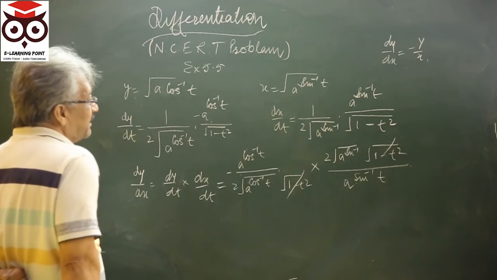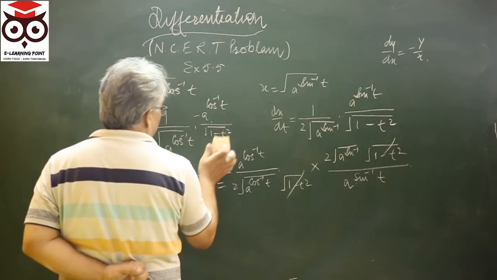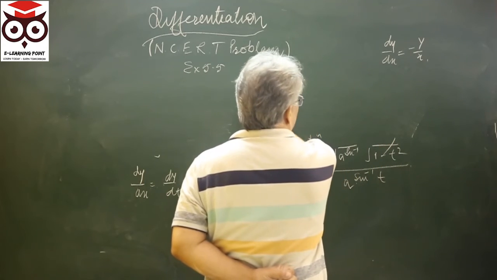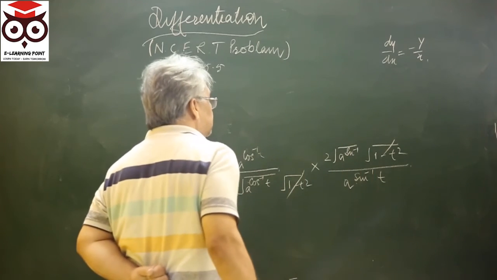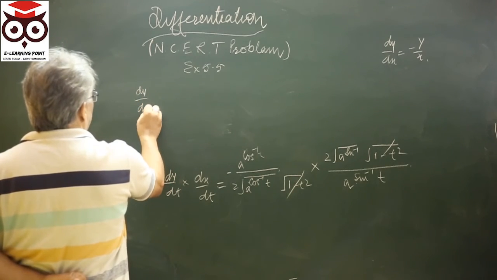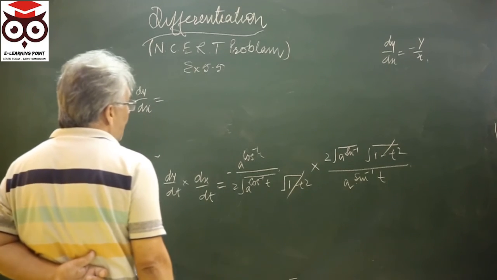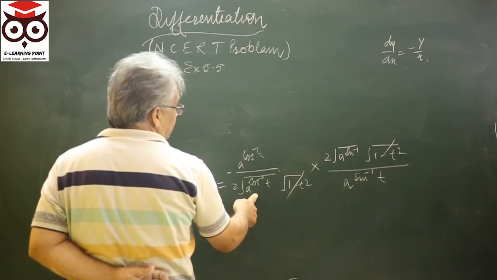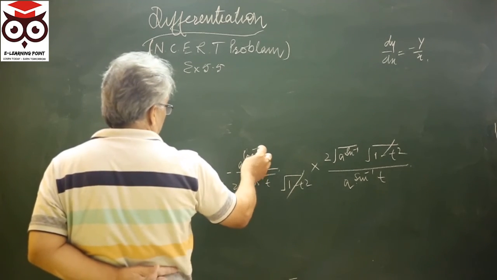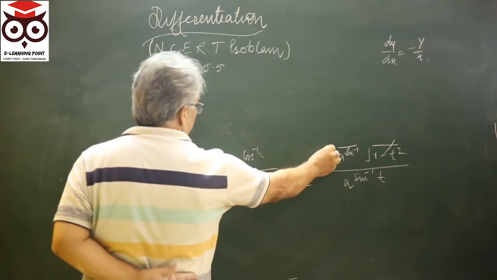ये क्या हो गया, इसमें कैंसिल आउट हो सकता है, तो व्हाट विल बी द रिमेन here? So this can be said as dy by dx is equal to, this will be cos inverse t. So 2 will be cancelled out here.